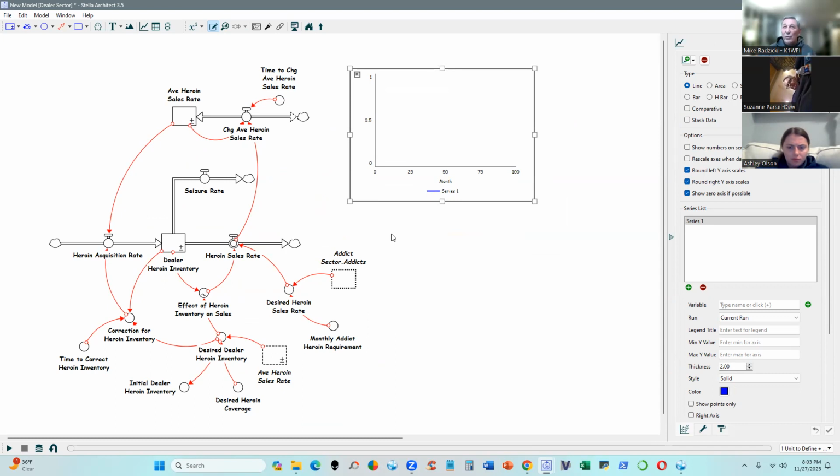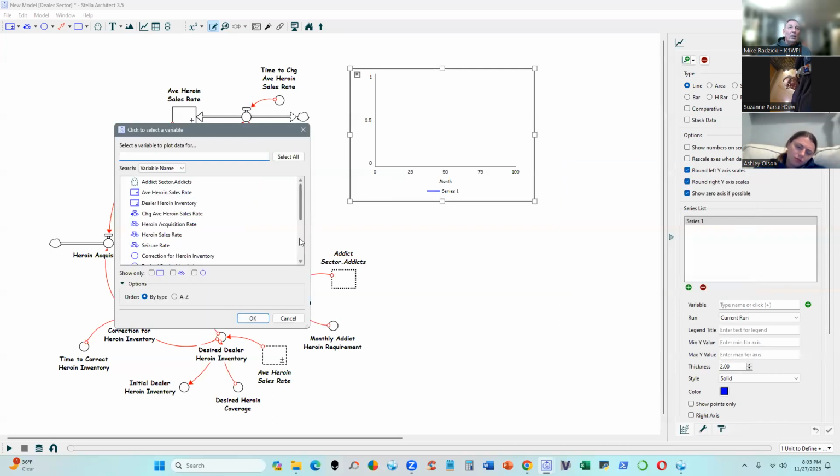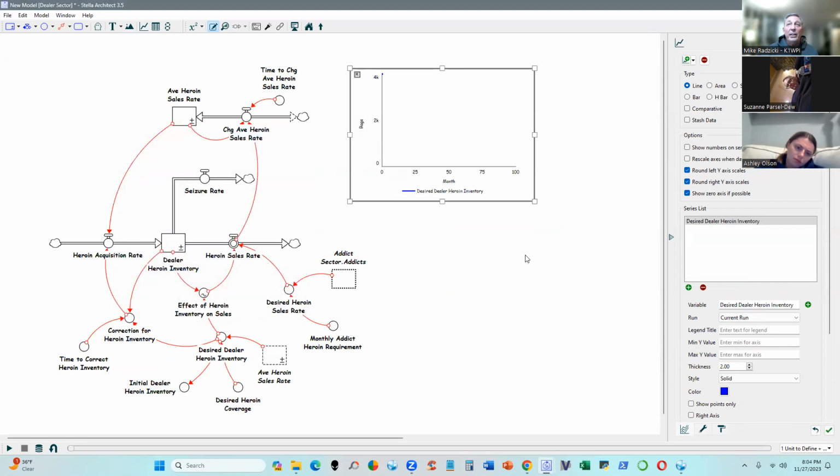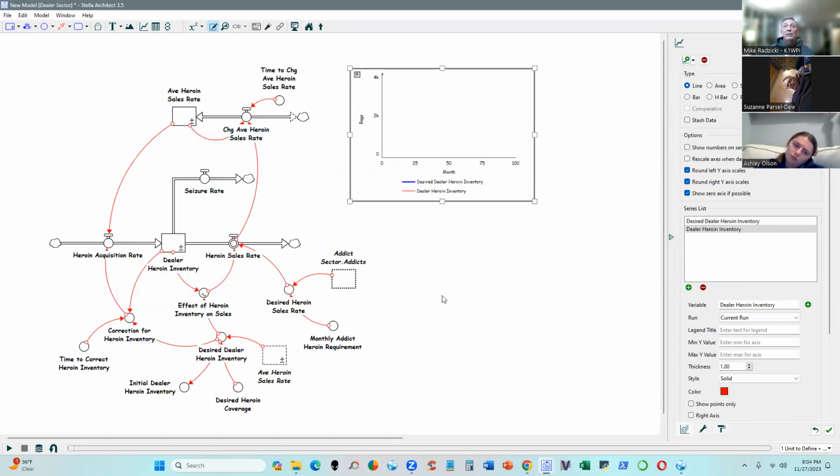Also, just in the interest of time, but the sorts of things I would do, I would put on here desired inventory as well as inventory. That would make some sense, right?